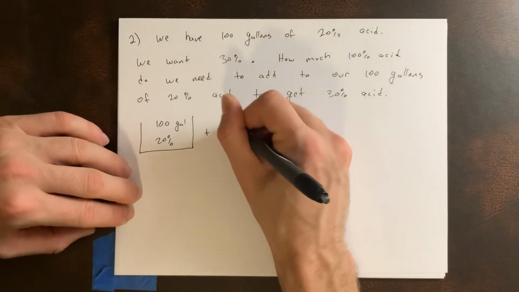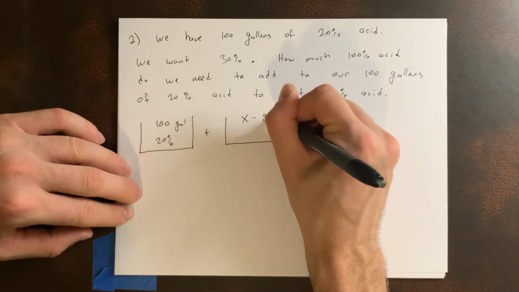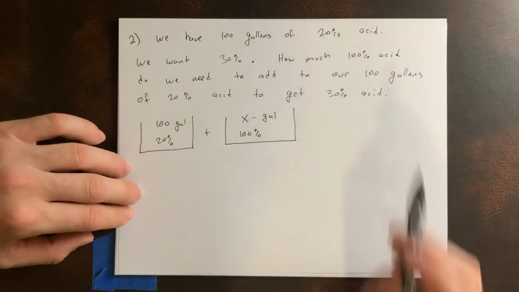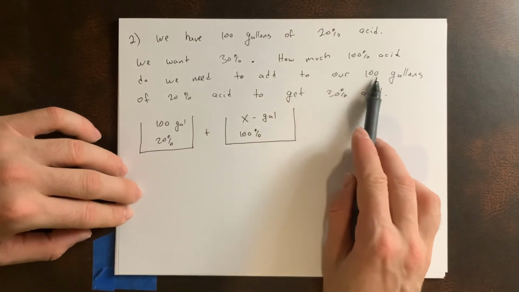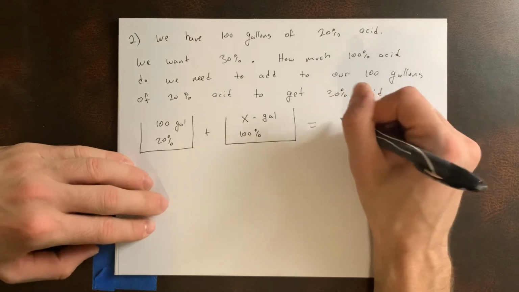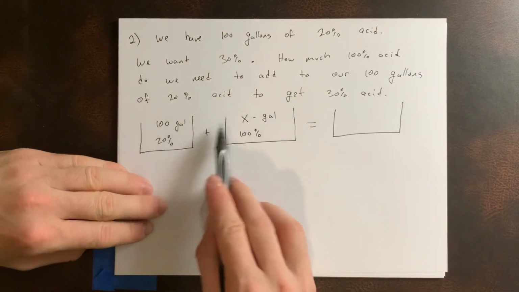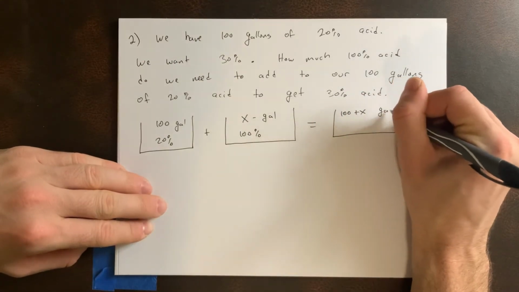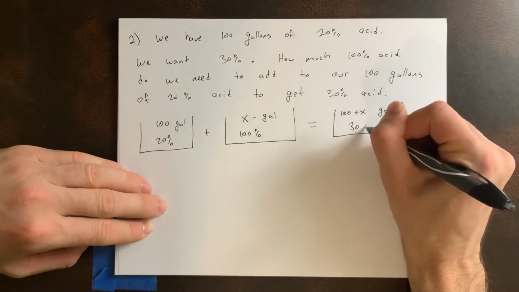We don't know how much we're adding, so we're going to be adding X gallons of 100%. So how many gallons is our resulting solution going to be? Well, we have 100 gallons and we're adding X gallons, so this is going to be 100 plus X gallons. And we want it to be 30%.